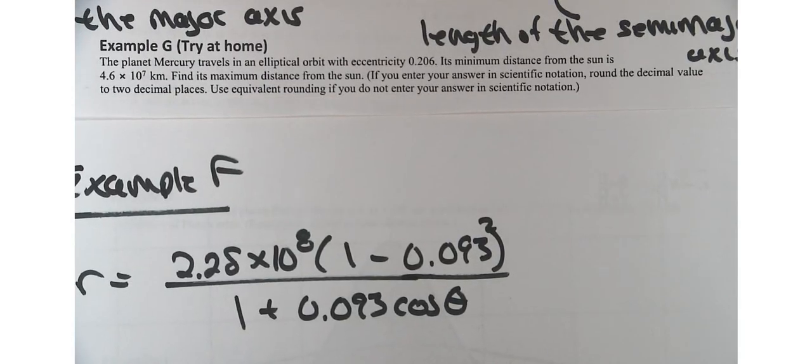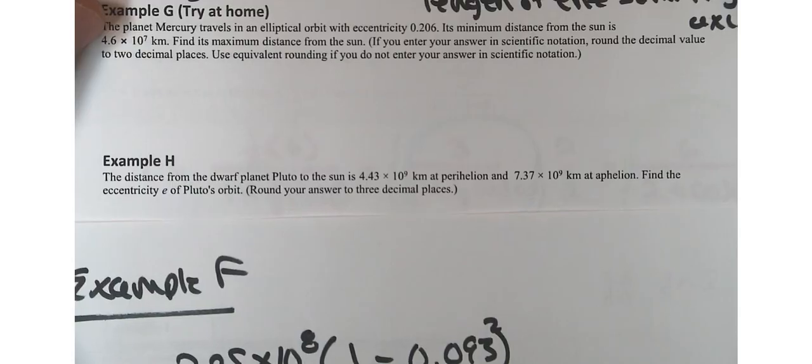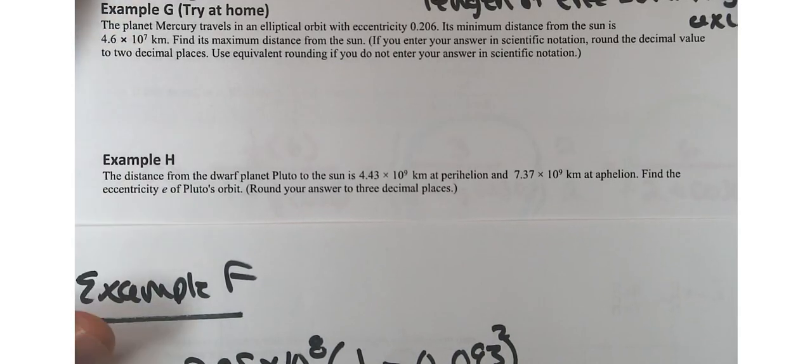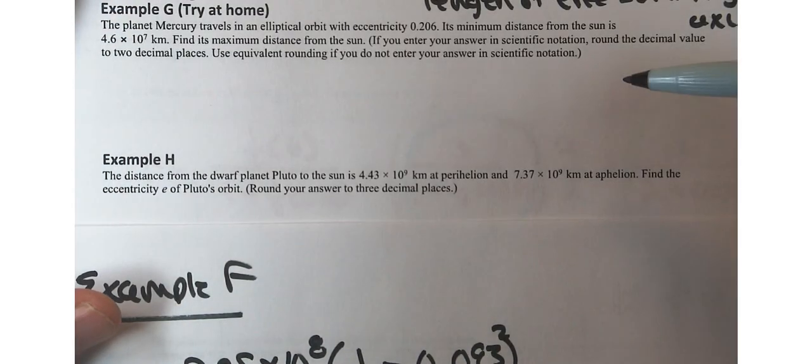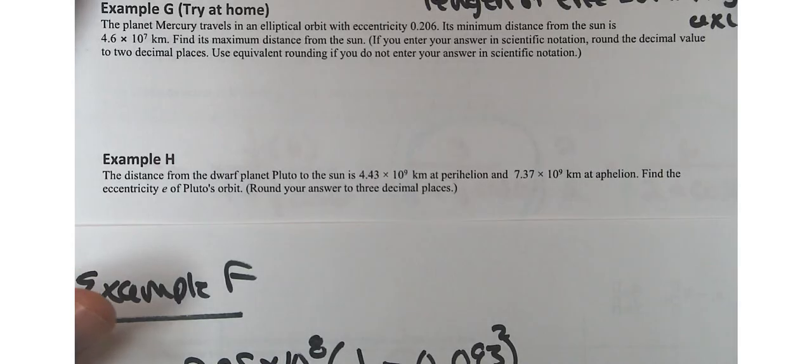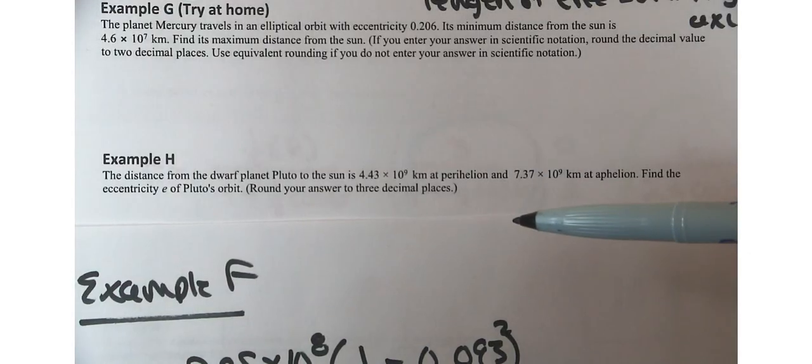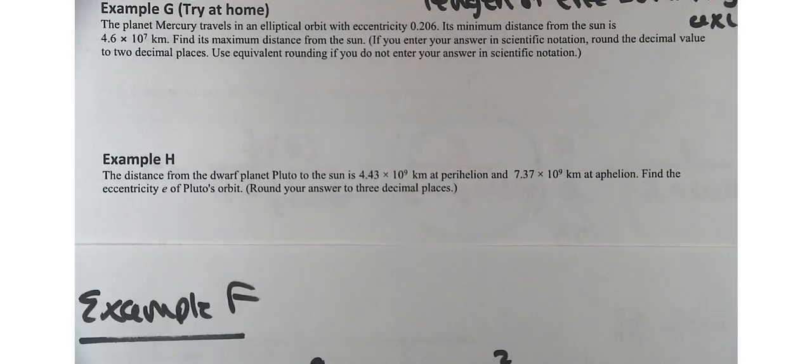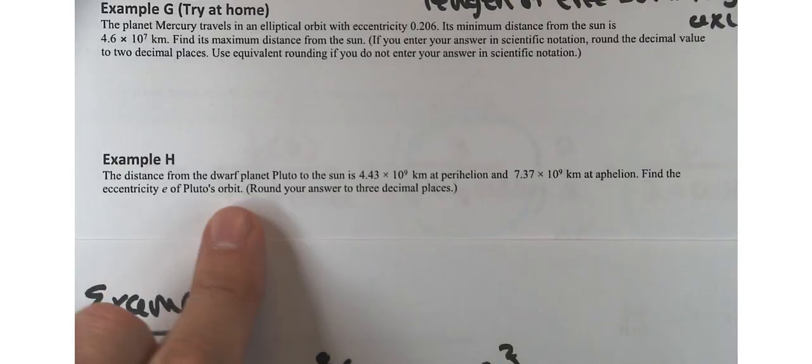I was going to leave example H for you to try at home. I'll let you work on example G at home. So let's work on example H right here. This has got a clever little trick in it that I'm not sure you'd see very easily.